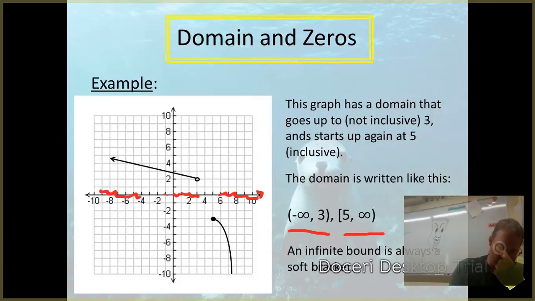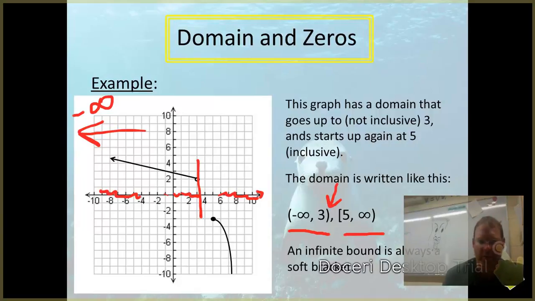Okay, so it's everything out that way, which, by the way, is the direction of negative infinity, up until 3, not inclusive. That's why I have a soft bracket there. And then it starts up again at 5, and it is inclusive, which is why I have a hard bracket there, all the way up to infinity.